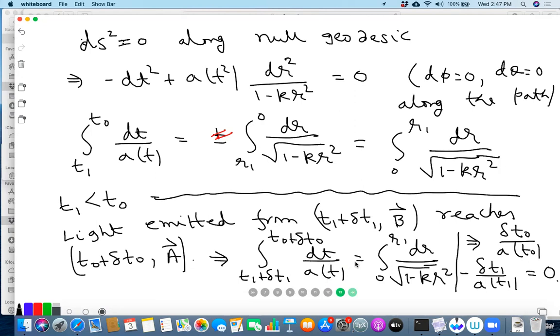Is this clear? I'm simply subtracting this from this. The right hand side cancels. The left hand side only gets contribution from the end points. And because delta t0 and delta t1 we are taking to be small, we are not really doing the integral. You are just replacing this by delta t0 over a of t0 and delta t1 over a of t1.